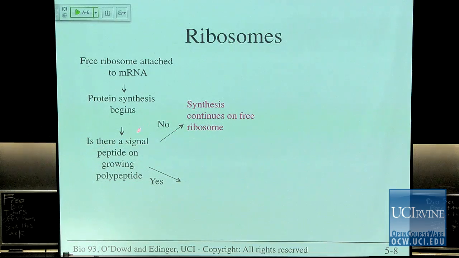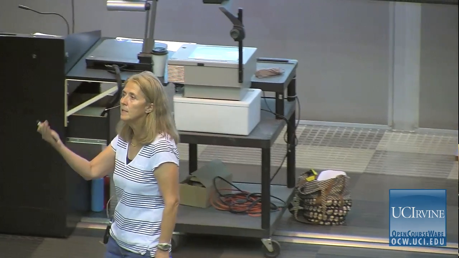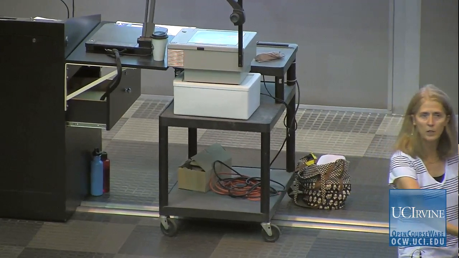If the answer is no, then synthesis continues on the free ribosome, and this makes a cytoplasmic protein that's released into the cytoplasm. So for cytoplasmic proteins, their synthesis starts on a free ribosome. It is completed on a free ribosome. Then the protein is released into the cytoplasm where it functions.